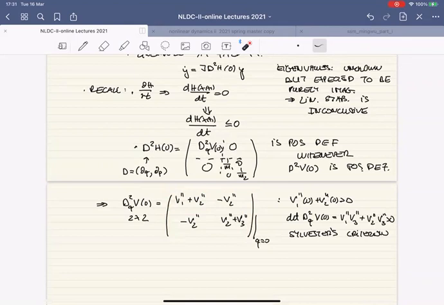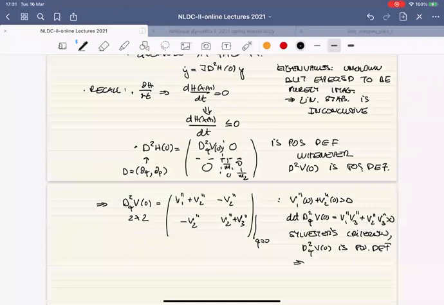So that means that this matrix is positive definite. As a result of that, remember the initial argument here. This is also positive definite, the Hessian of the Hamiltonian.